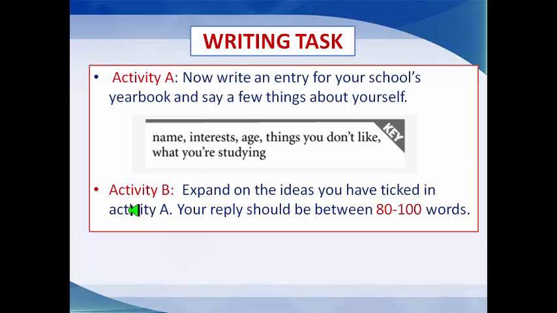Activity B: expand on the ideas you have taken in activity A. Your reply should be between 80 and 100 words. Okay, now you have these items for your school's yearbook entry: your name, interests, age, things you don't like, what you are studying.